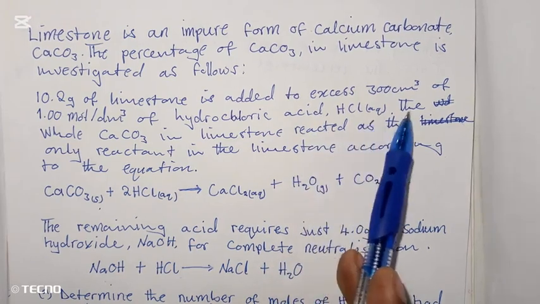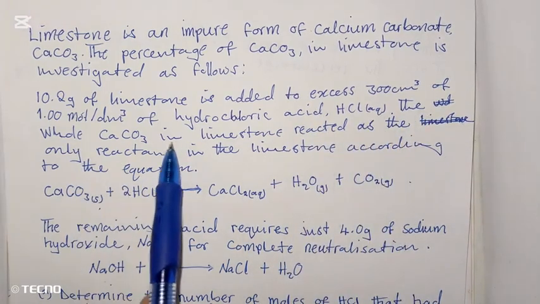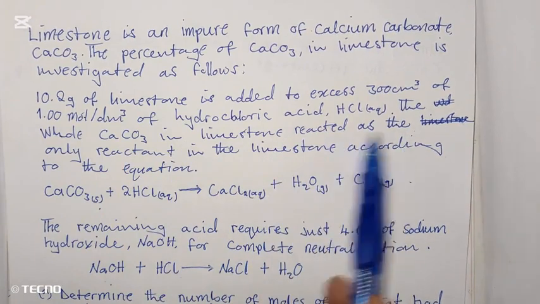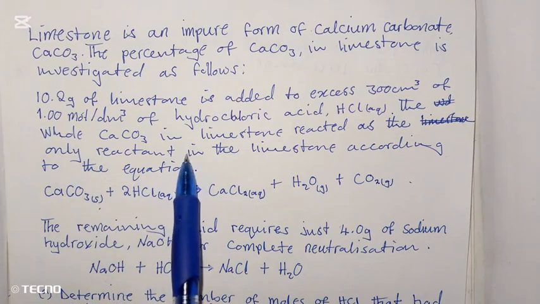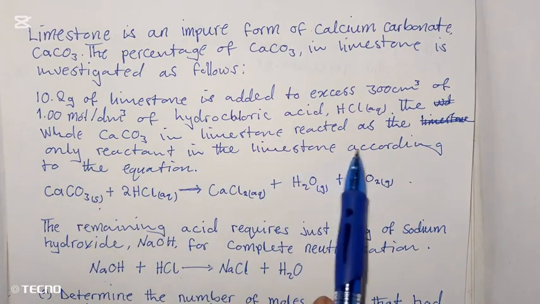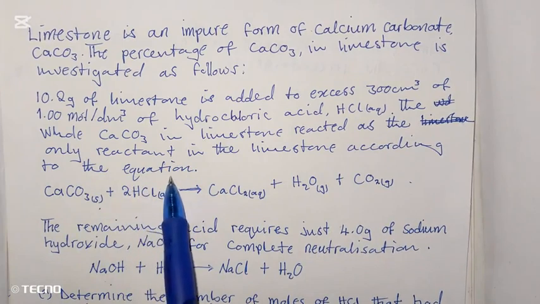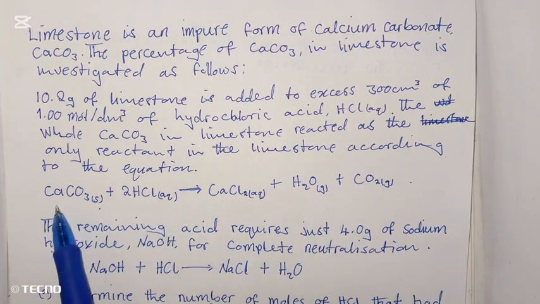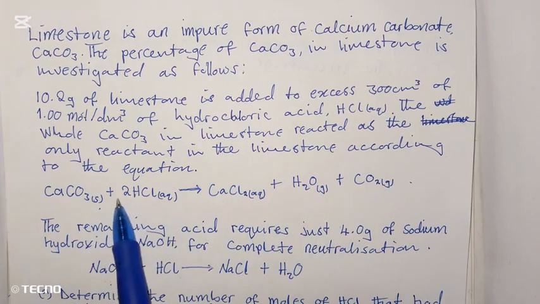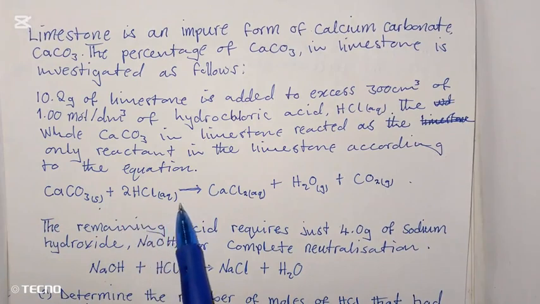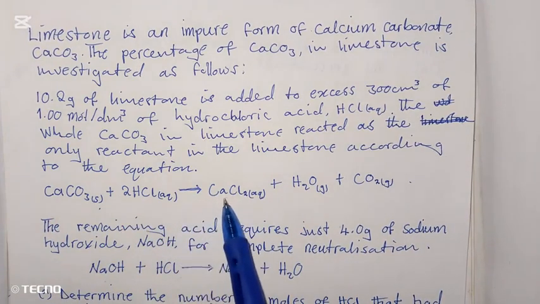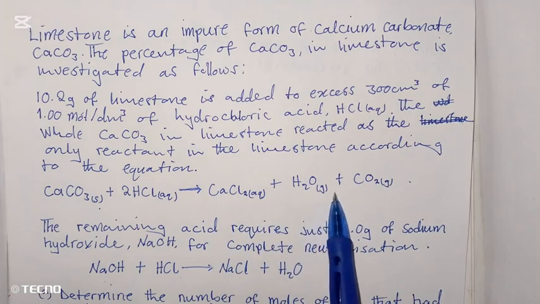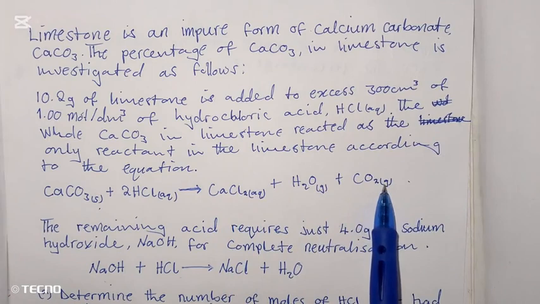The whole calcium carbonate in limestone reacted as the only reactant in the limestone according to the equation. So this is the equation that we have been given, where there is calcium carbonate plus hydrochloric acid, and then you have calcium chloride plus H2O plus carbon dioxide.